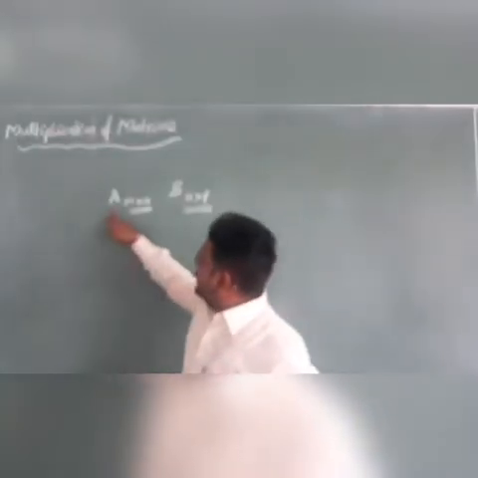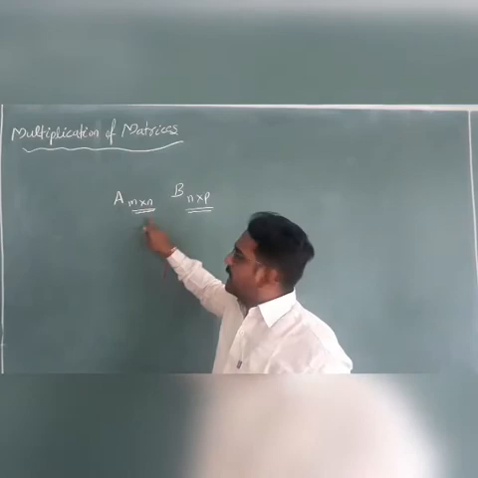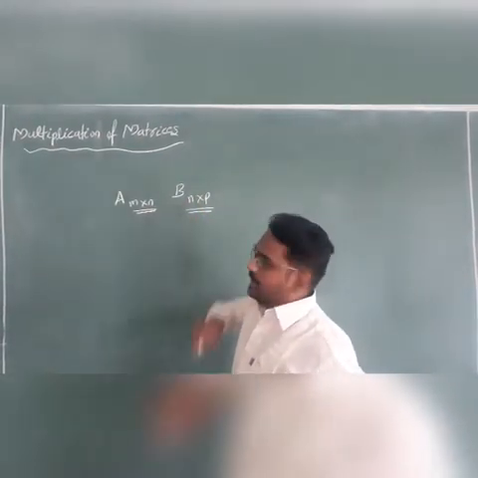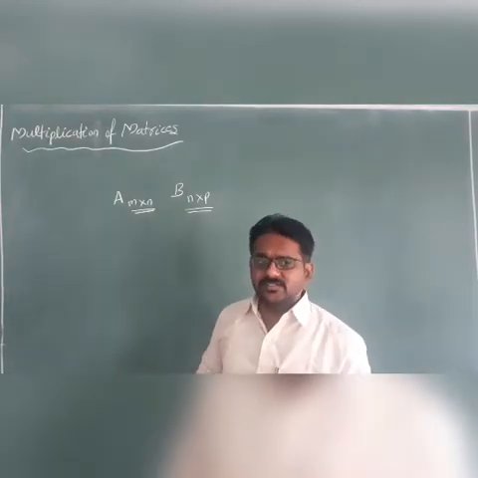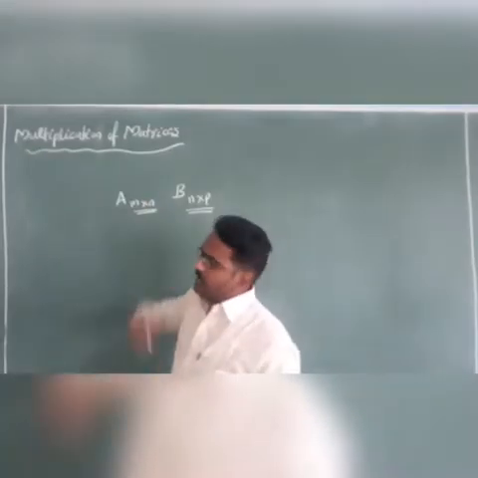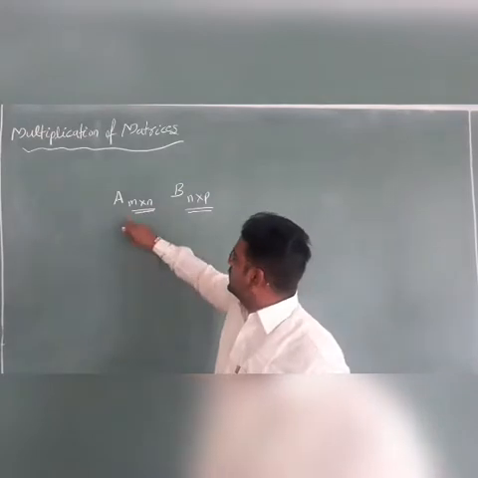Matrix A is of order m by n, and matrix B is of order n by p or n cross p.